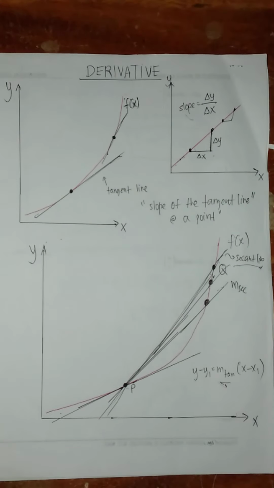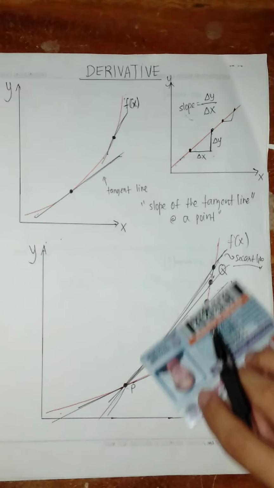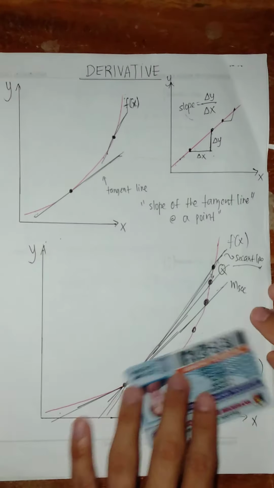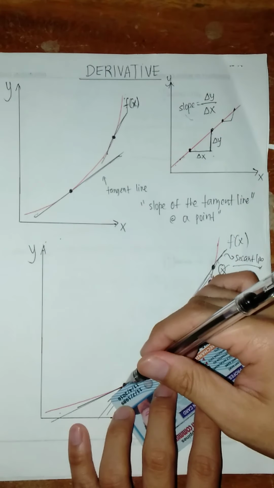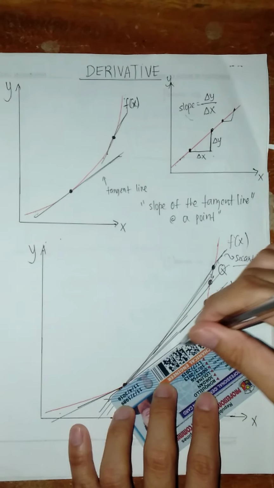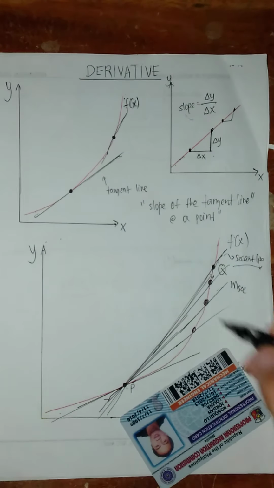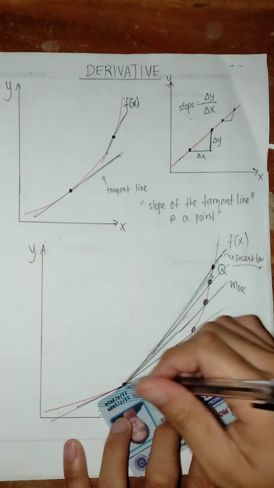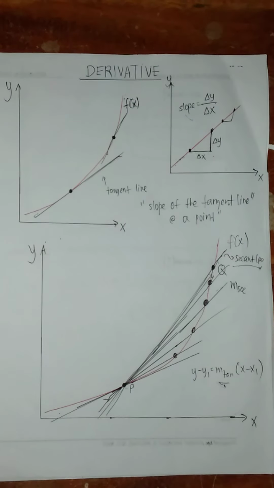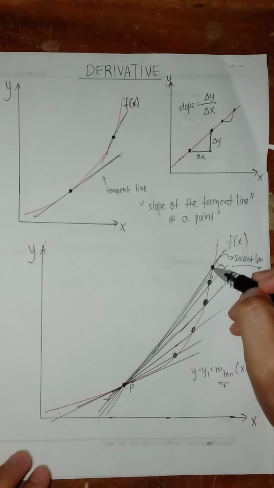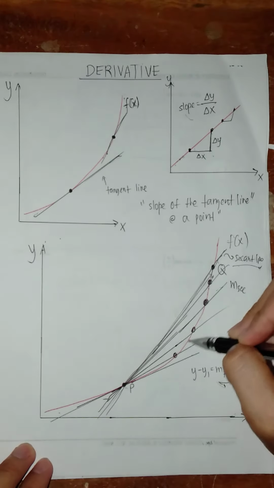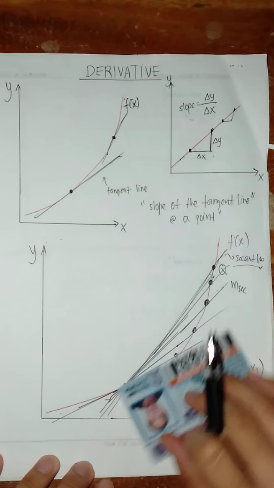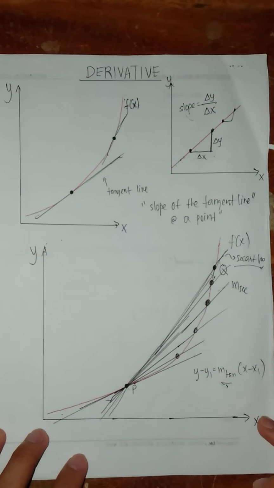Napapansin nyo guys, di ba nag-move yung line? Unti-unti. Closer pa. Mas malapit. O, mas malapit pa. Ayun. Kung napapansin nyo guys, as you move point Q closer and closer to point P, yung secant line mo, di ba nagiging tangent line siya approximately?